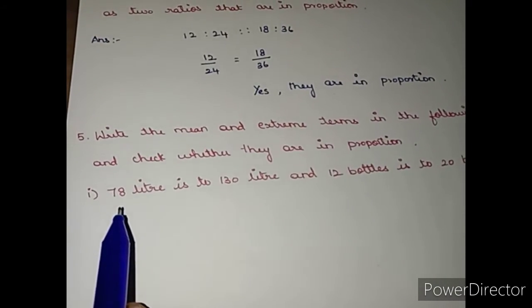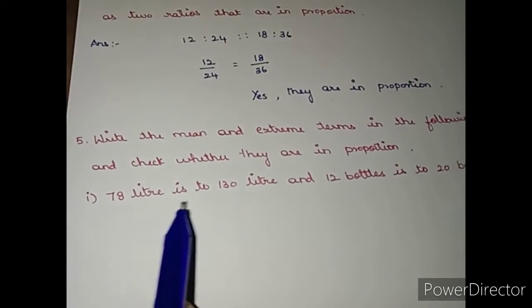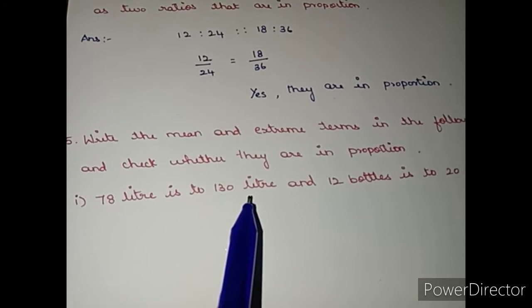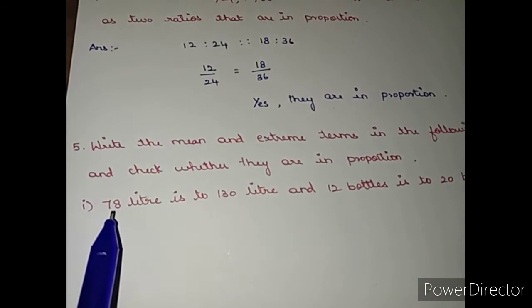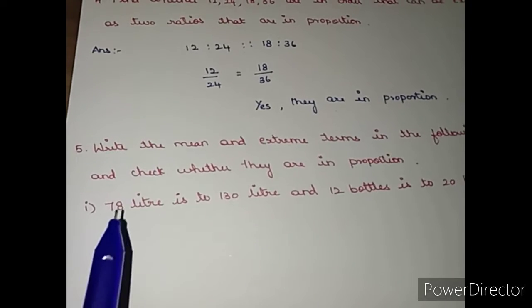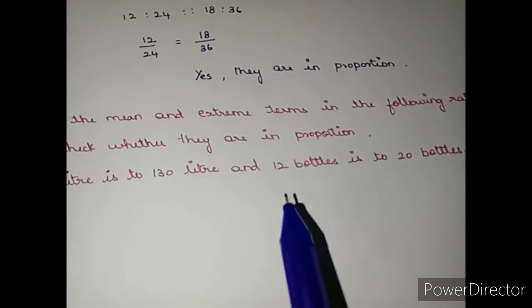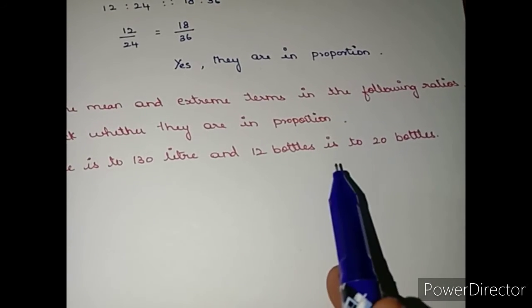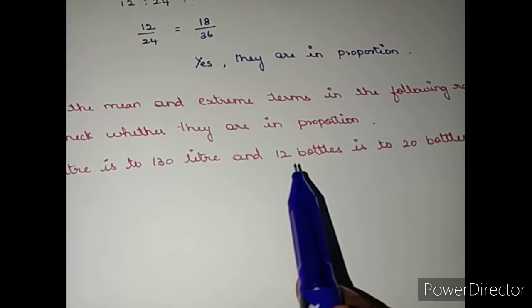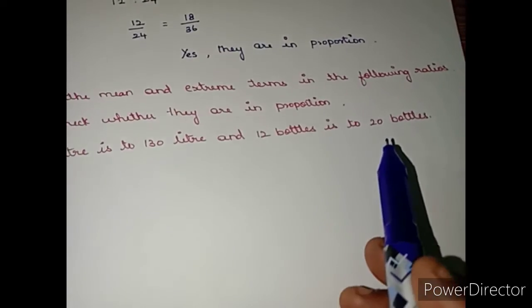First subdivision: 78 liters is to 130 liters. From this itself you can find the mean, 78, and the extreme, 130 liters. Then 12 bottles is to 20 bottles. So here 12 is the mean and 20 is the extreme.